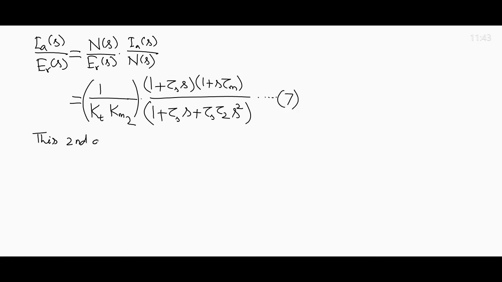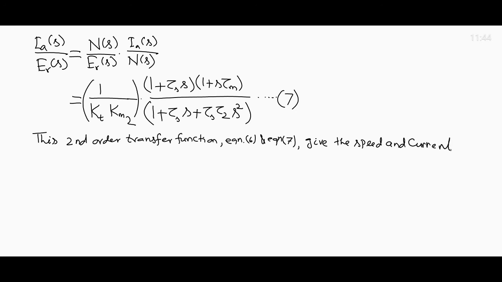This second order transfer function, equation 6 and equation 7, give the speed and current response as shown below for a step change in speed command.